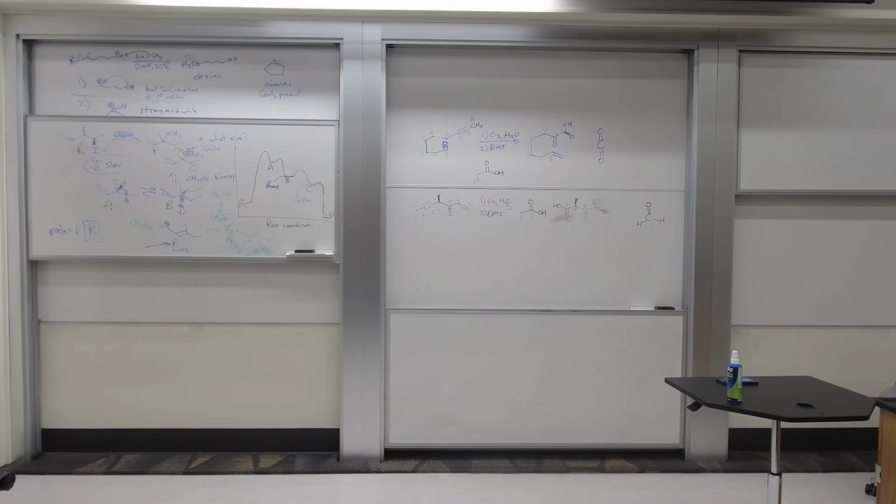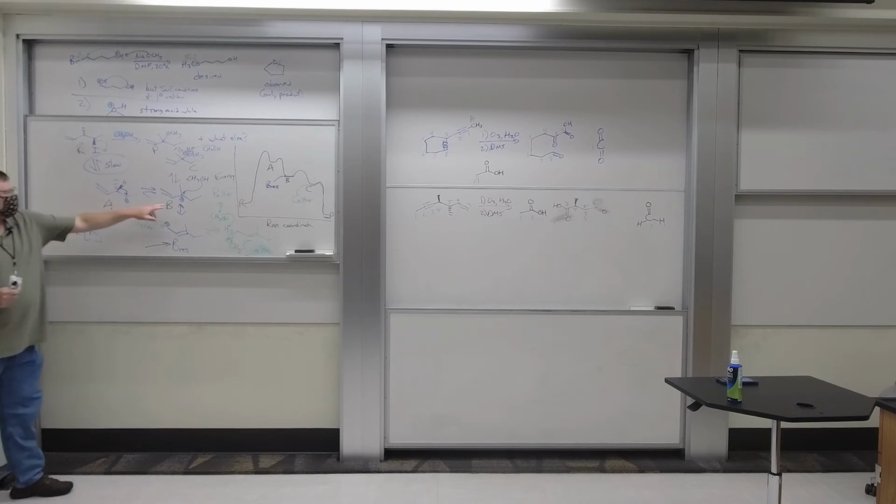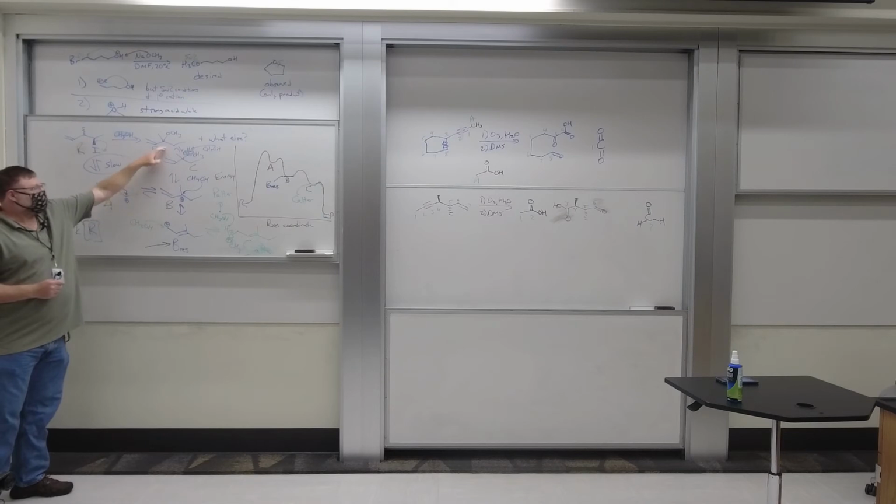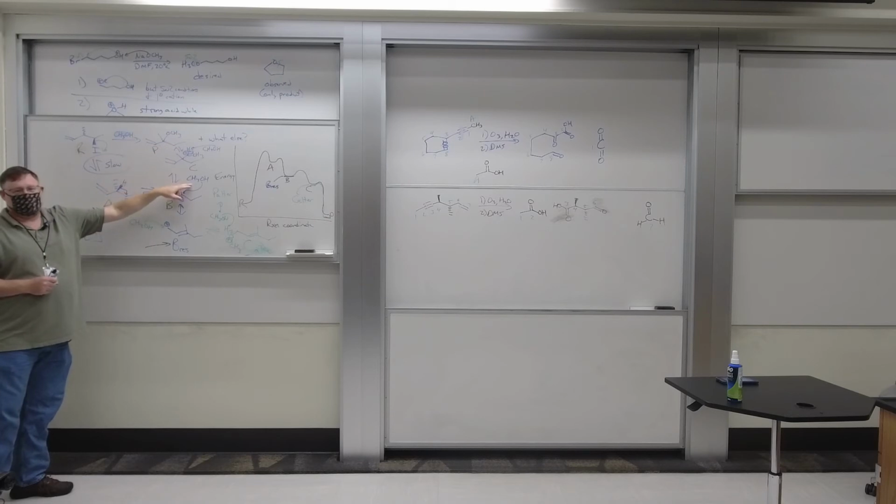Yep. Well, and if it was SN2, the reactants would be in the rate law. The only way methanol gets involved here is this: if this last step were the slow step, which it clearly isn't, right? But if this step was the slow step, methanol would have to be in the rate law because it would be involved before the rate limiting step.